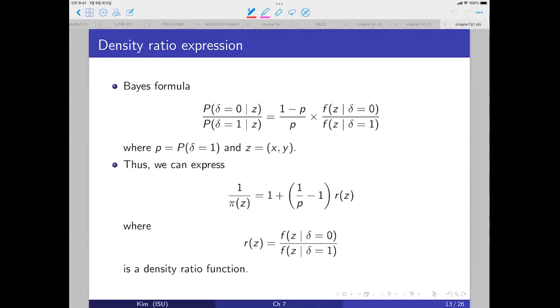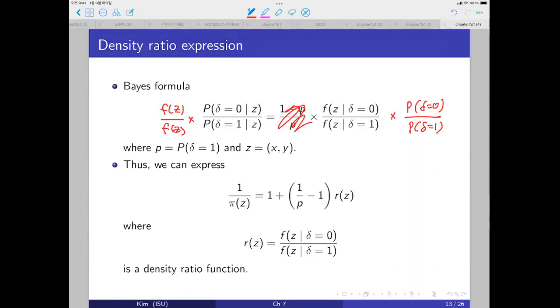We see the marginal. You can view it as this times this one.